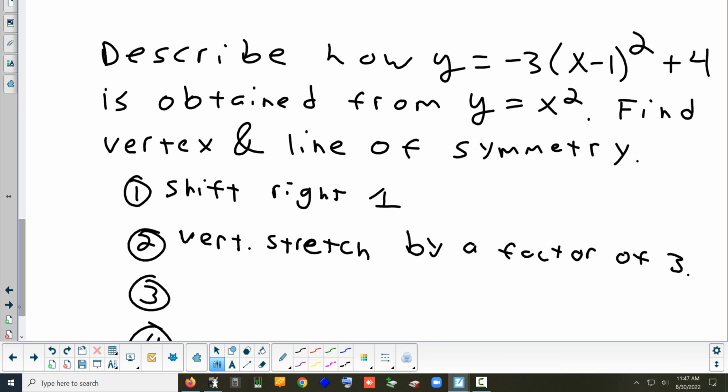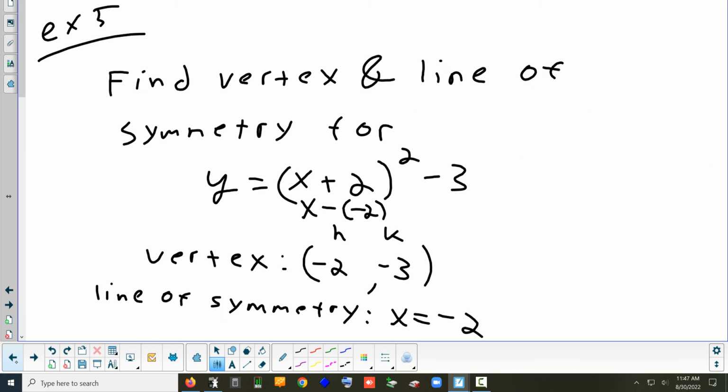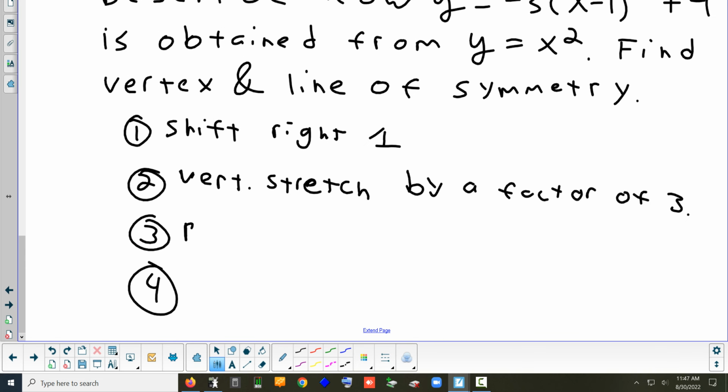Now we want to worry about the negative. What does the negative cause the graph to do? Oh, that's what makes it like flip, right? Yeah, specifically over the x-axis. You could also say vertical reflection, that's the same thing. So reflect over x-axis. And Leva, what's the last thing we would do?